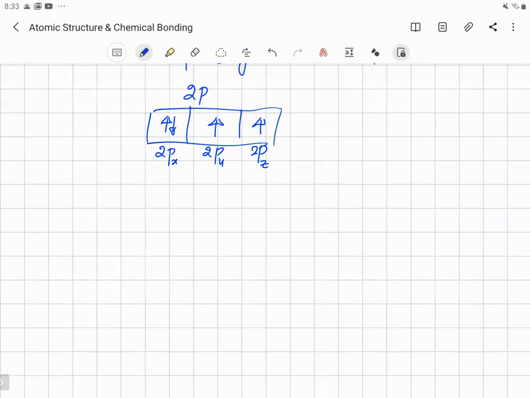Why are all these orbitals called degenerate orbitals? Anyone? Same energy. Yes, exactly. Because all these 3 orbitals have the same energy. The energies of the 2px, 2py, and 2pz orbitals are the same, right?